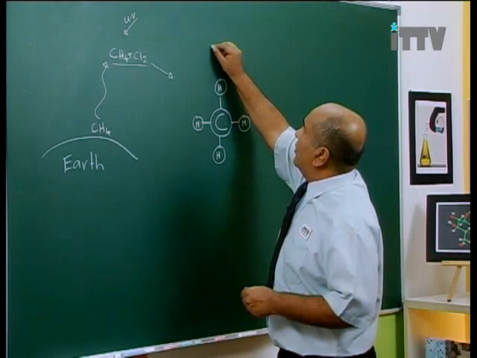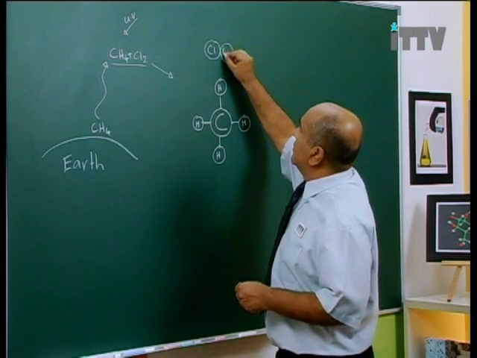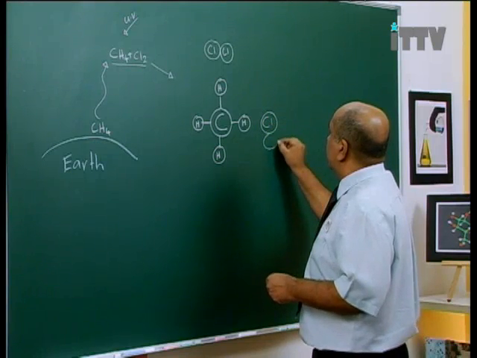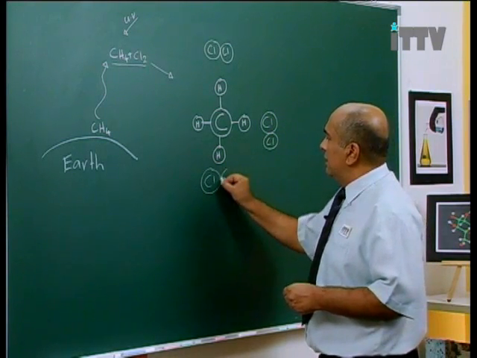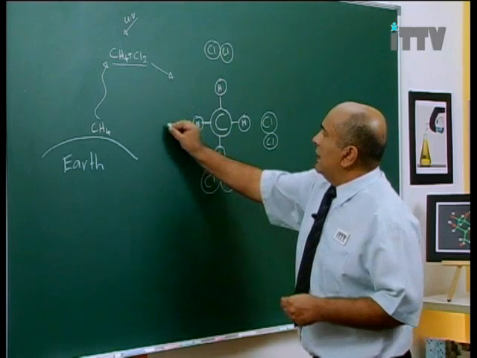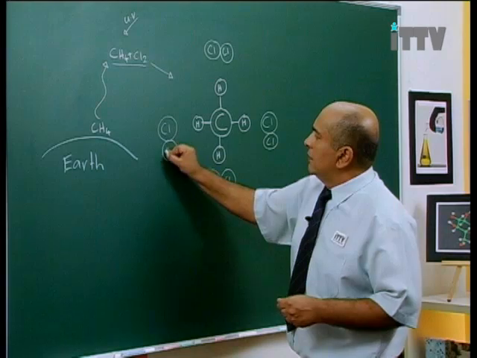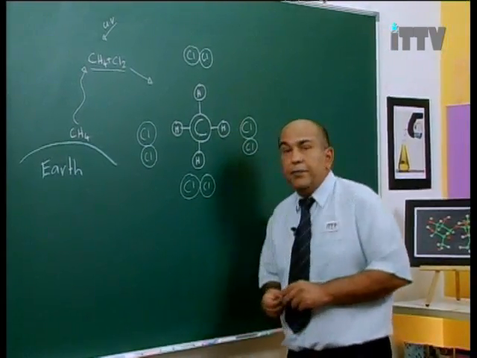So let's draw our chlorine up here. Let's say we have chlorine up here, and a bit more chlorine over here, and maybe another chlorine over here, and let's put another chlorine in over here. Now, what happens is this.